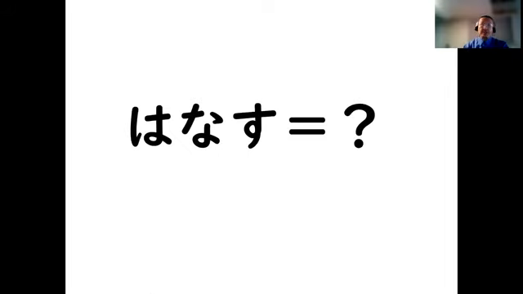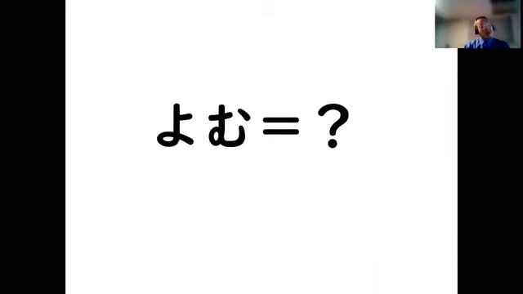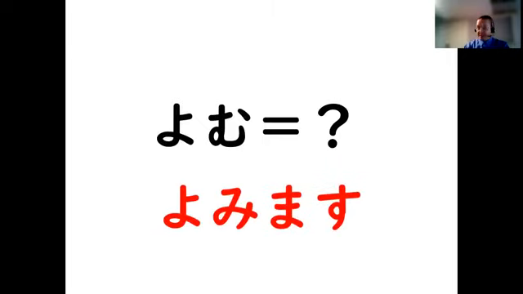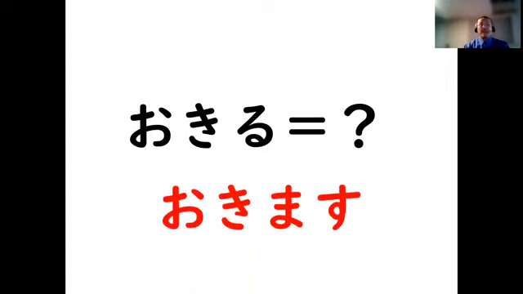How about hanasu? Su, shi, like sushi, I love sushi. You know that. Su becomes shi. Hanashimasu. Yomu? Yomimasu. Okiru? Okiru is a ru-verb, so drop the ru, add masu, okimasu.